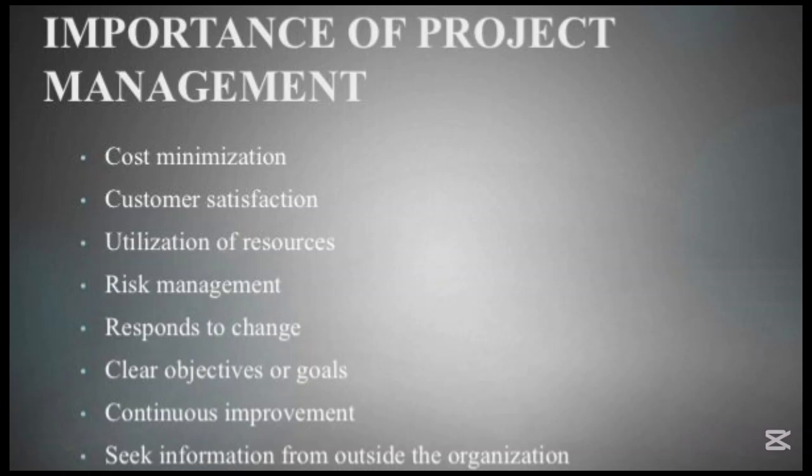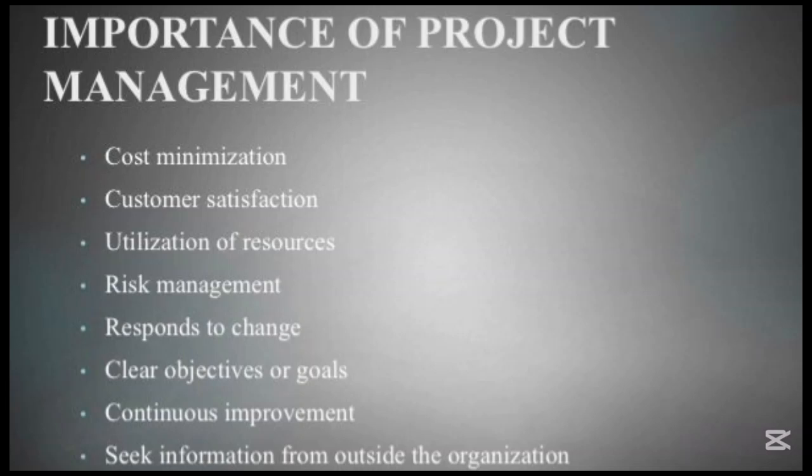And now the next one is risk management. Now we say project management helps identify potential risks early, allowing for better measures to be put in place to ensure that the execution of a project is satisfying. And then we have response to change. We also have clear objectives or goals, where we say a well-managed project has clearly defined goals, making it easier for teams to stay aligned and work towards a common purpose.